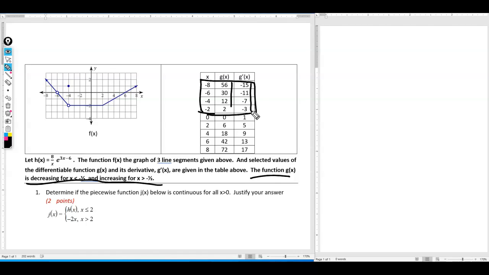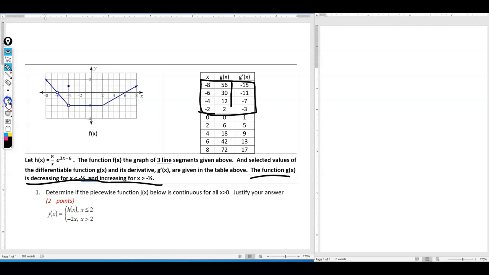However, when you're dealing with tables, if I hadn't told you that it's decreasing for all values of x less than negative half, you can't really assume that. Just because it decreases, for instance, from 56 to 30, as we go from -8 to -6, that doesn't mean that maybe it didn't go up and then down to 30, right? So when you're dealing with tables, it's kind of important that that extra information is there sometimes.